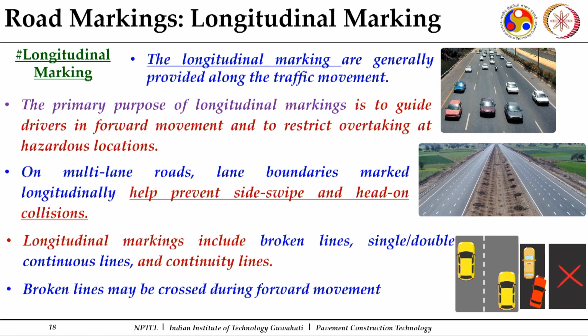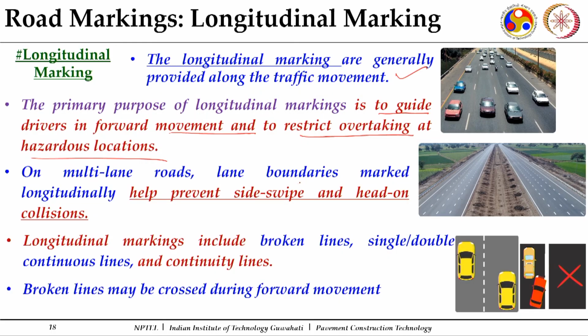Here they are generally provided along the traffic movement, as the term itself says, longitudinal marking. The basic main purpose is to guide drivers in forward movement and to restrict overtaking at hazardous locations. They guide you to move in a particular direction.